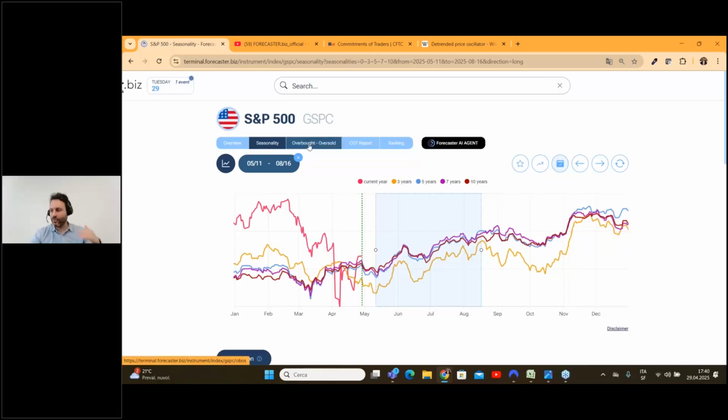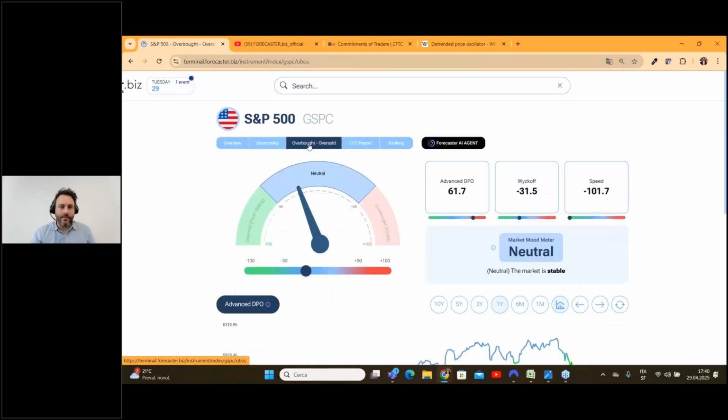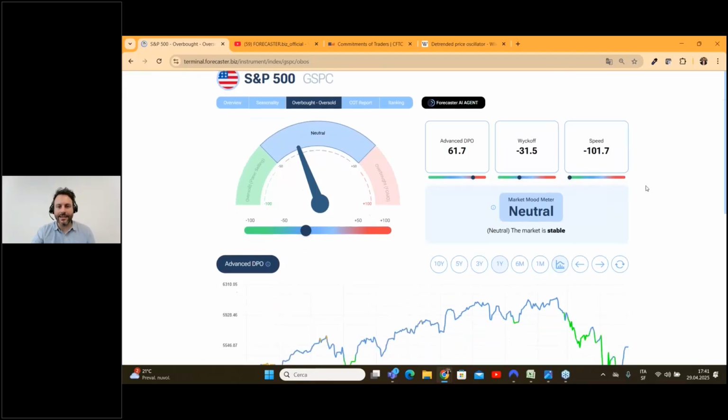Because we can do a more in-depth analysis using, for example, the overbought and oversold. Overbought and oversold is a more statistical, technical, mathematical approach.